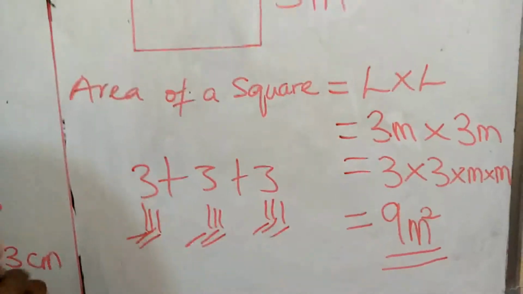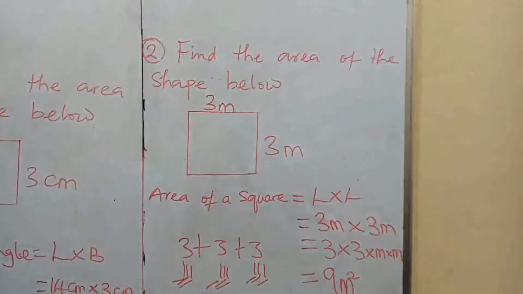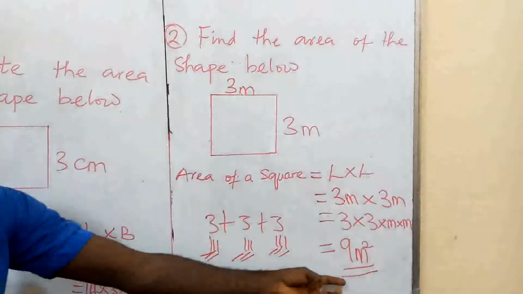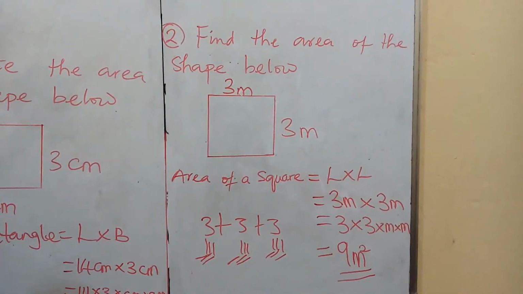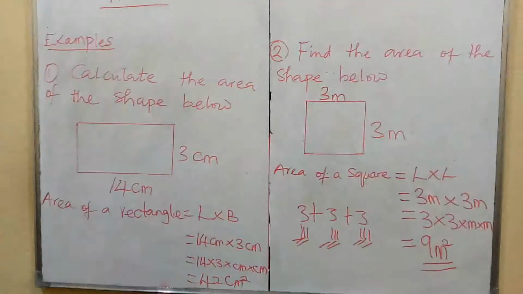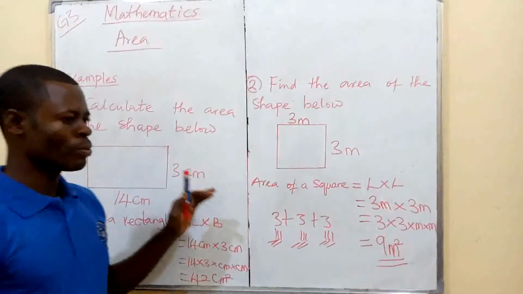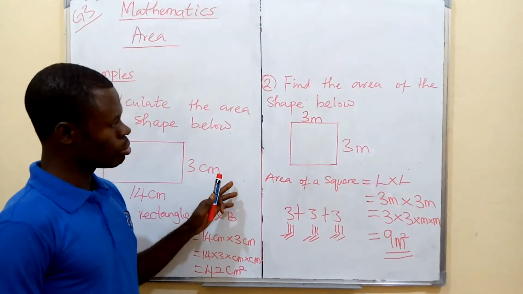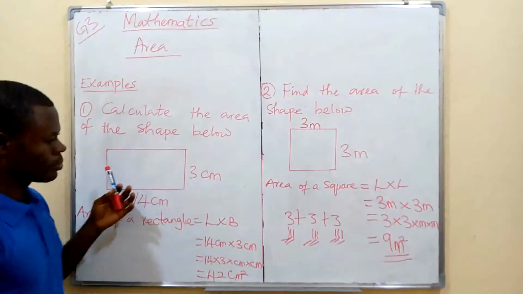All right, the area of the given square here is what? 9 meters squared. All right? So we are going to proceed to example 3.